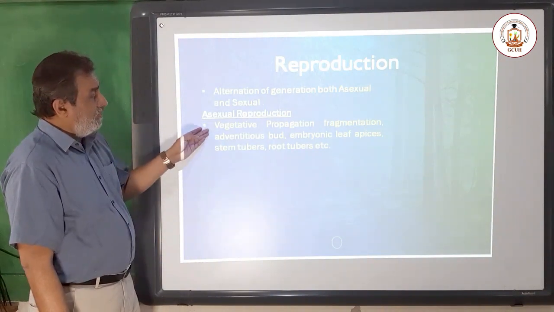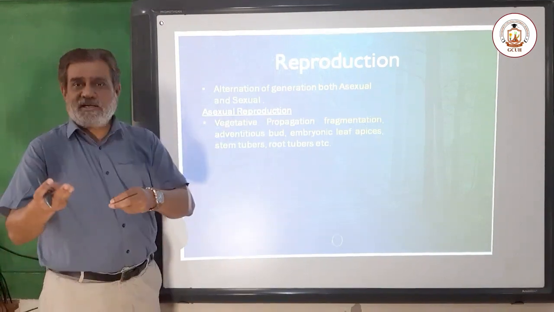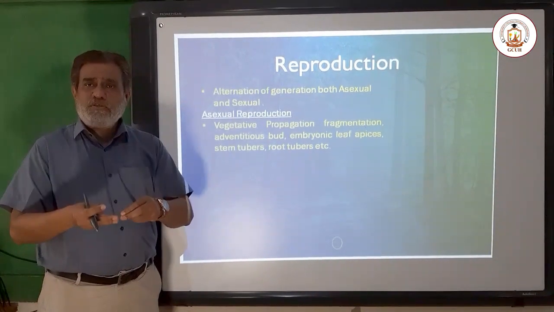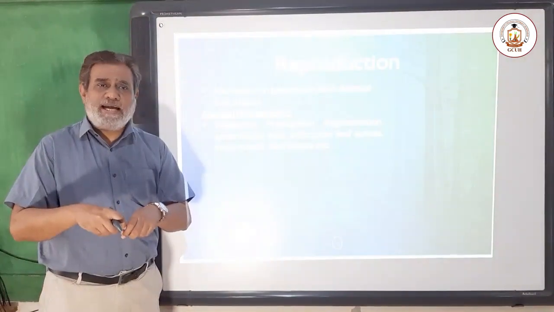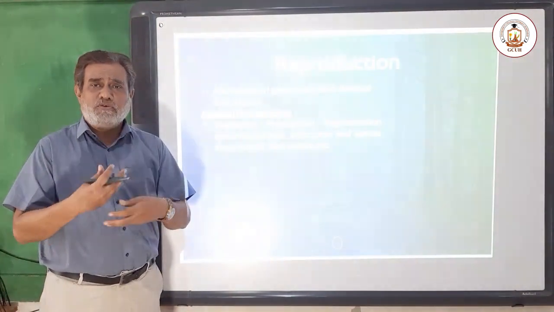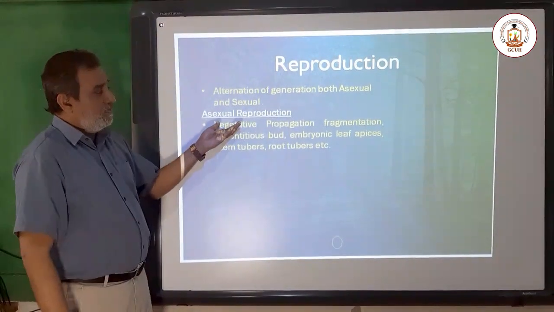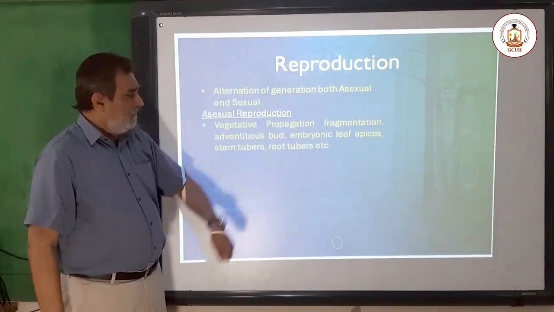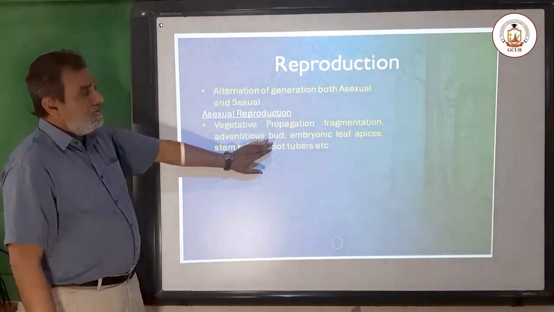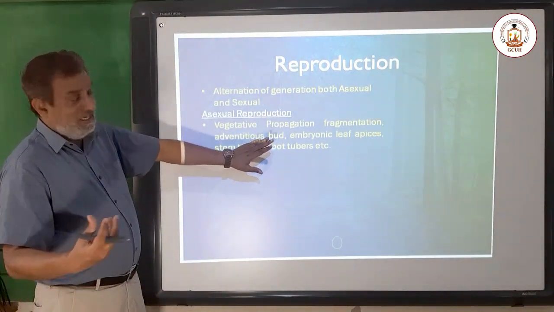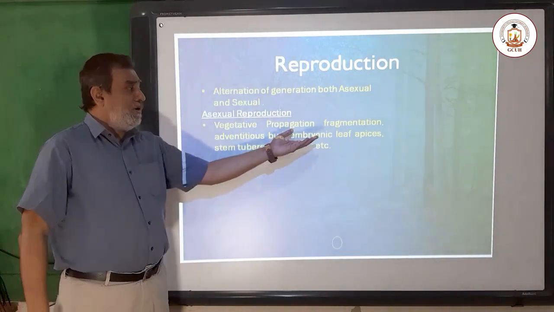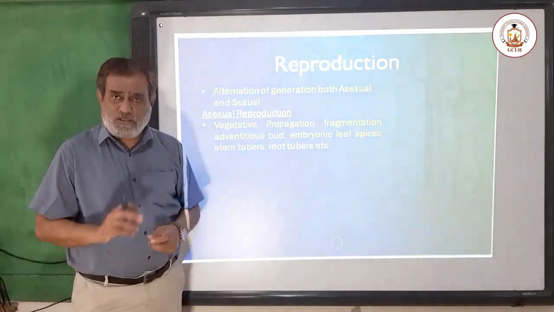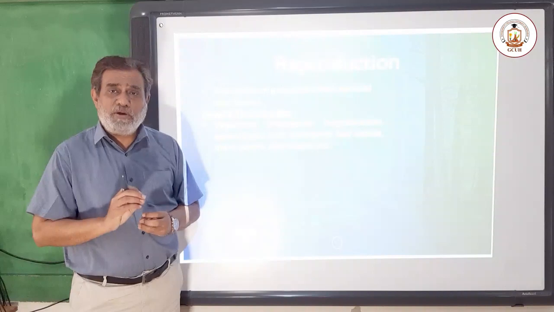In asexual vegetative reproduction, you can cut a vegetative part of a plant and put it into soil, and it will propagate by fragmentation. Adventitious buds and adventitious roots can also serve, as can embryonic leaf apices in the beginning.